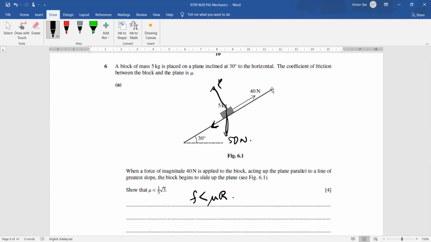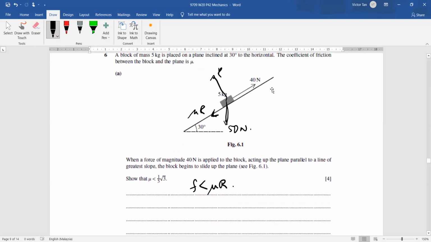So this is F. This is mu R. So it's limiting friction really. R equals 50 cos 30, which is 25 root 3.